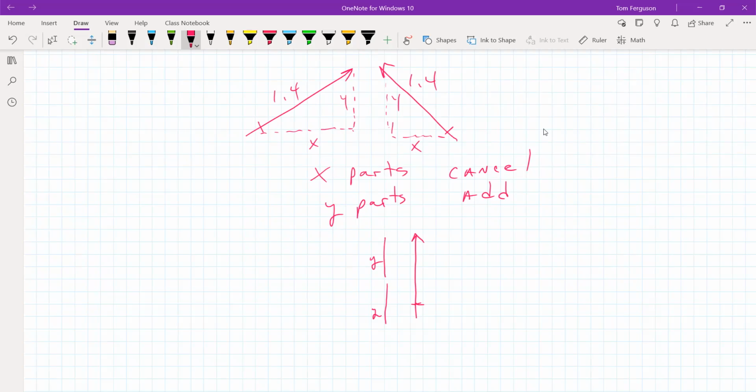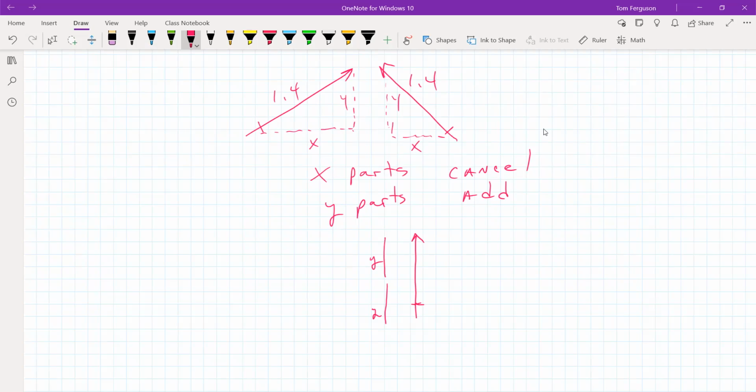Water, because the directions aren't opposite. Only the X parts are opposite. The Y parts are not opposite. So the Y parts tend to add. So we have a big net vector there. How do you know what your Y value is?